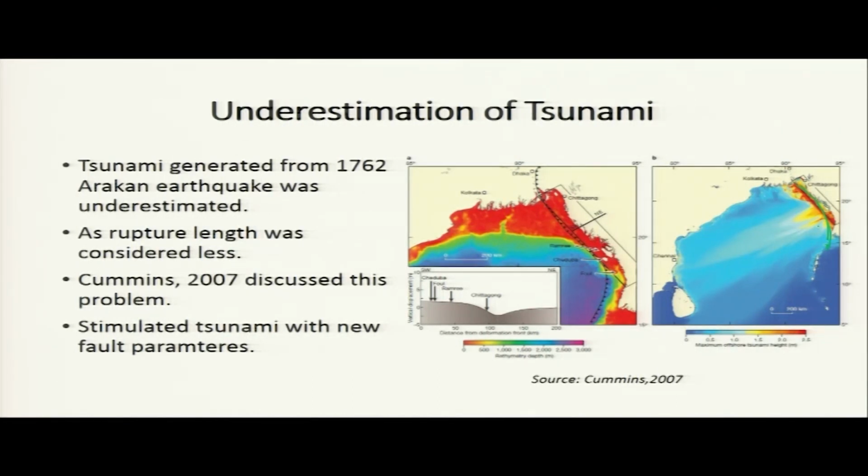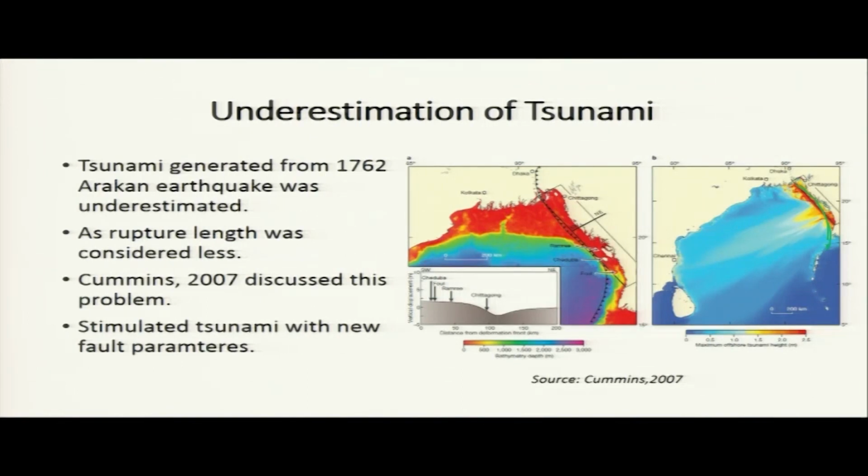As you can see, the Indian part experienced up to 2 meter of wave during the 1762 earthquake and tsunami generation of Arakan. So, with this modeling part we can recheck the paleo tsunamis and come up with more information which was not manuscripted at that time.